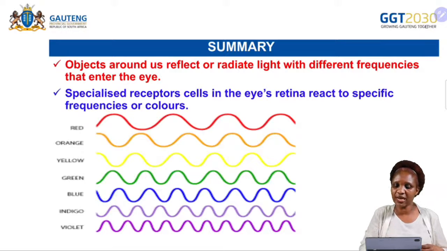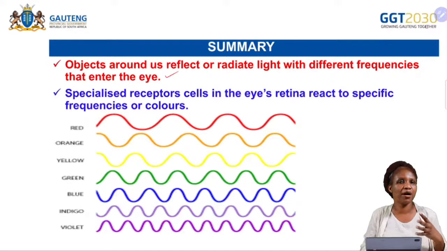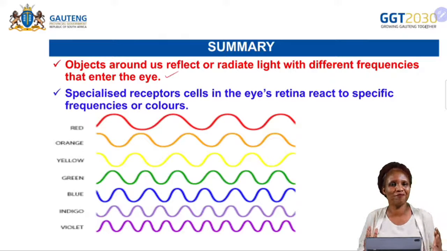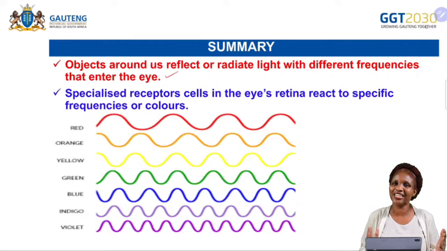And then objects around us reflect or radiate light with different frequencies that enter the eye. When we are talking about frequencies, remember we are talking about the number of waves that pass at a certain point at a given time. We call that frequencies. Okay.